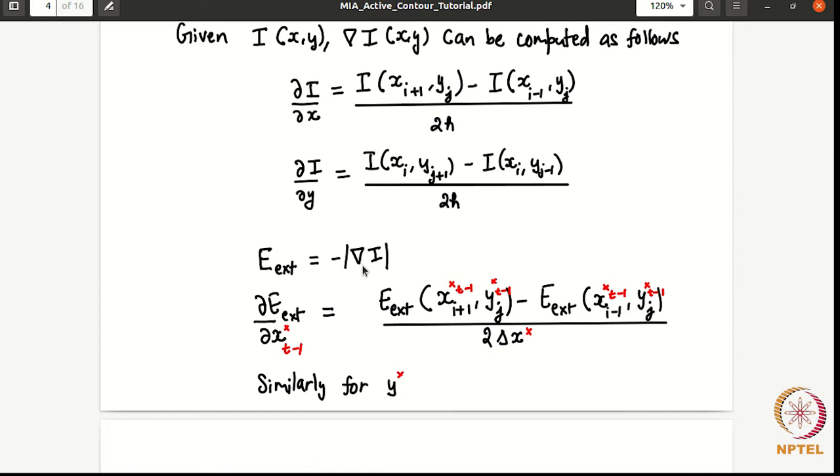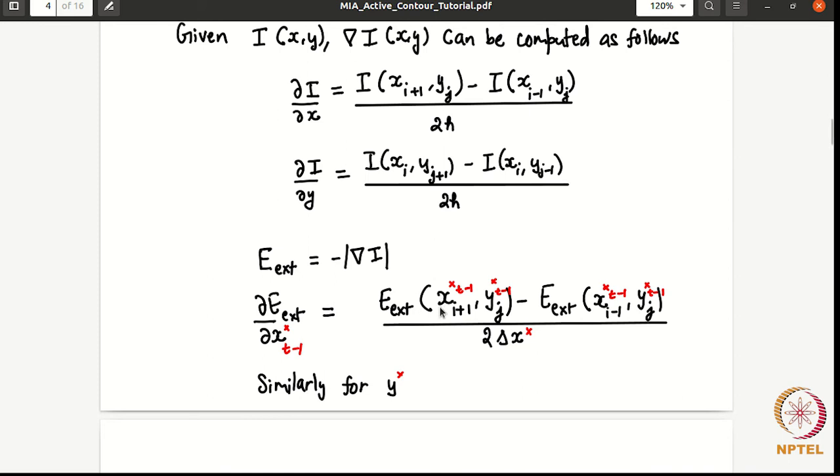Next, we take the gradient of this energy and find its component along the snake. Along the snake is important, so we find its gradient with respect to x star at t minus 1. So the explicit term is here.